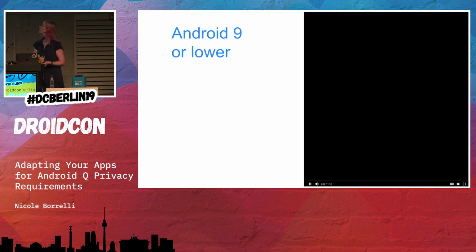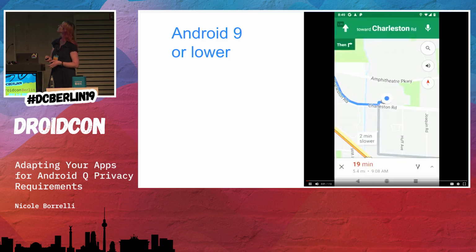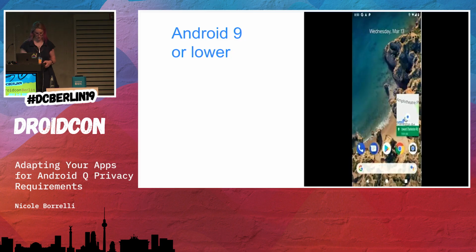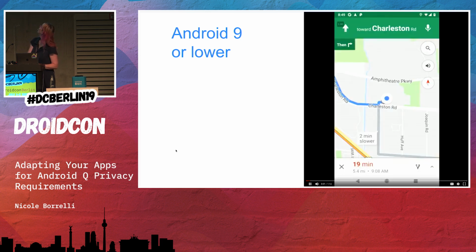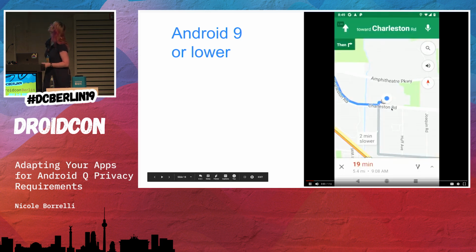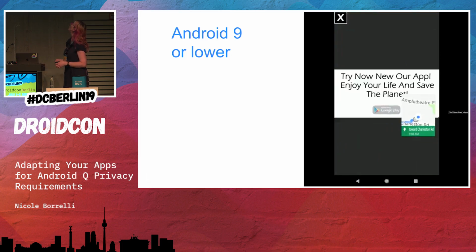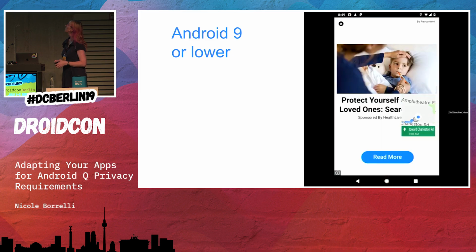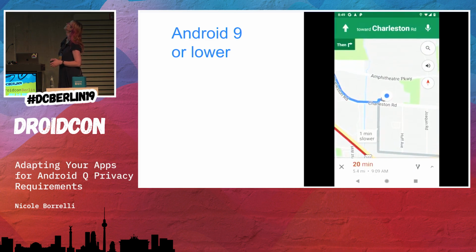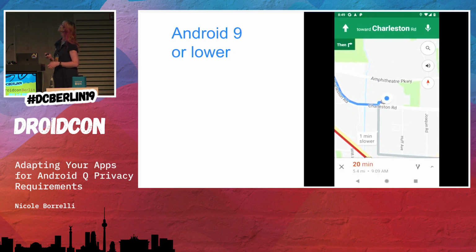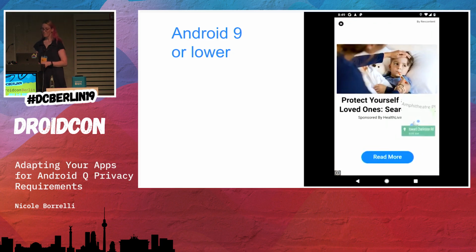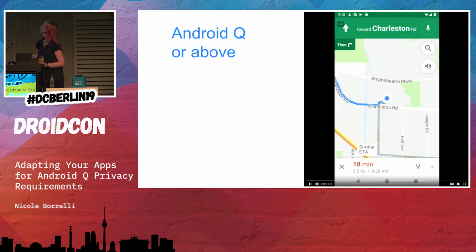Looking at this, this is the way that it was working before. As soon as you dismiss an ad, another ad would come up and take its place. And it was not the greatest experience. On Android Q, however, this was fixed.